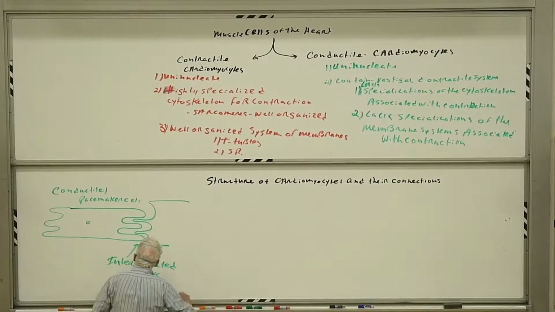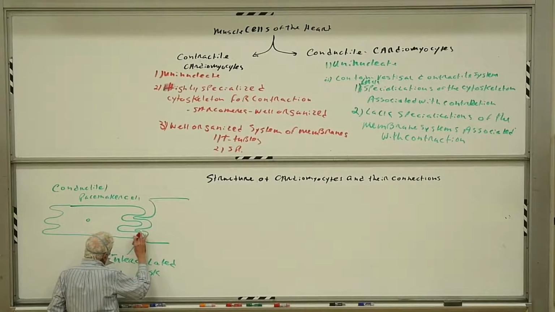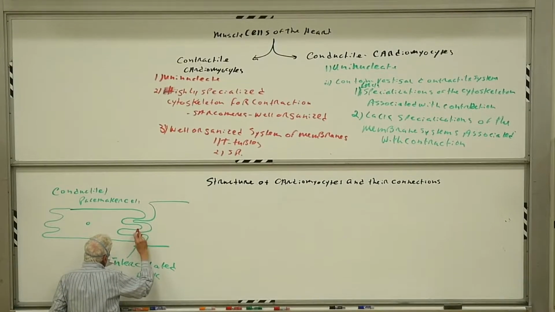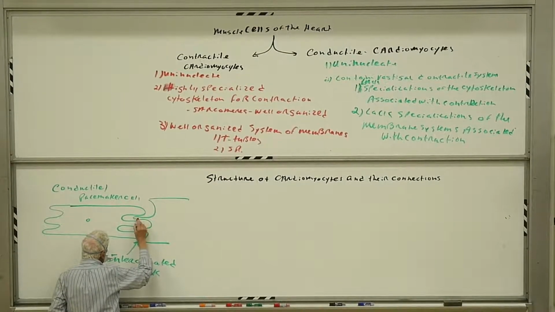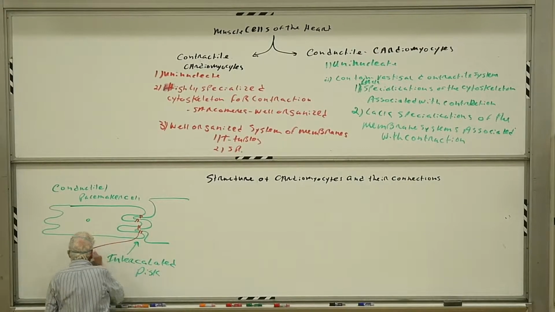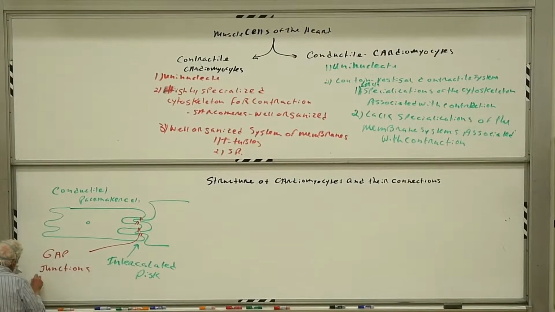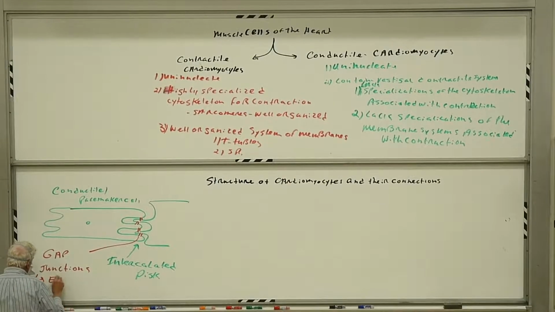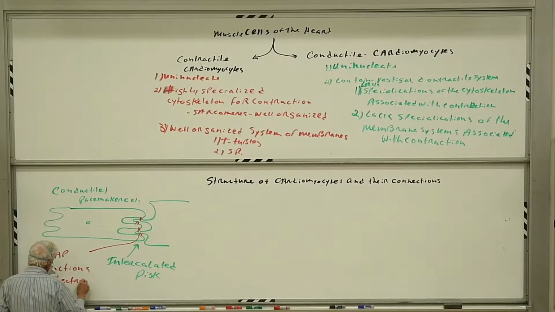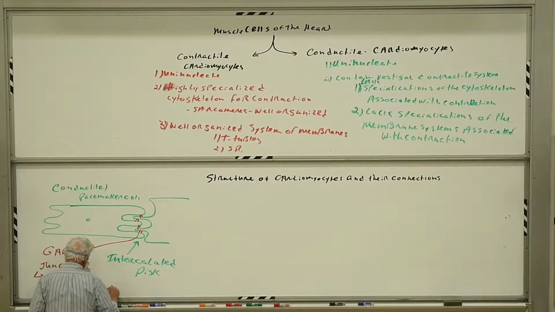If you look carefully in the electron microscope at those intercalated discs, what you're struck by is that there are all of these structures called gap junctions. And these gap junctions provide electrical continuity between cells.